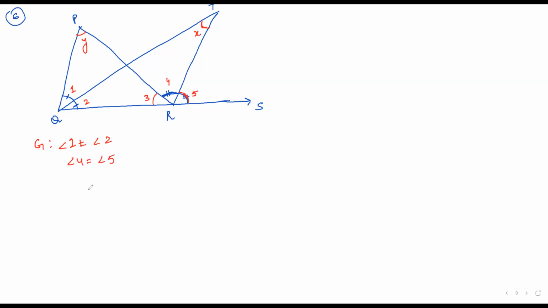This much is given, right? And you have to prove that angle QTR is half of angle QPR. Or I can write it like this: X is equal to half of Y. Ultimately, this you have to show, right?